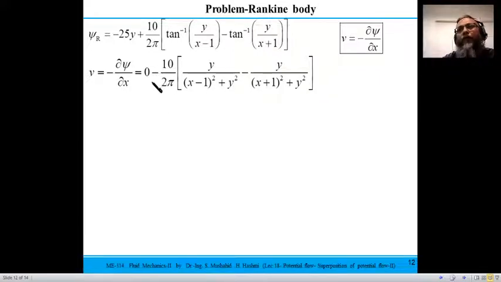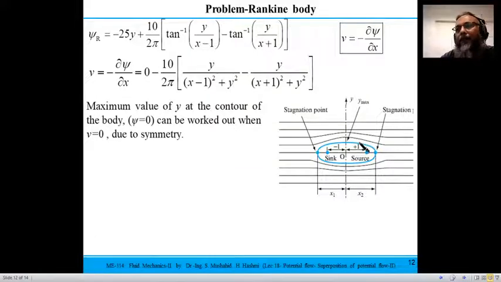I'm sorry, I have to be careful with the sign, because minus is multiplying, so that's why you have a minus as a multiplier with v. So differentiate this with respect to x. Now y is not a constant in the other terms, so you are differentiating with respect to x. The derivatives are this.